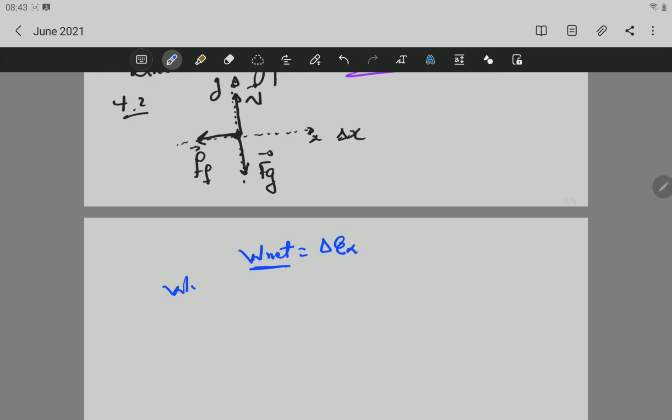Work done by frictional force plus the work done by the normal force plus the work done by the gravitational force is equal to change in kinetic energy, which is final minus initial. So it's half mass multiplied by the speed final to the power 2 minus half multiplied by the mass multiplied by the initial speed to the power 2. Alright, this is the work energy theorem.